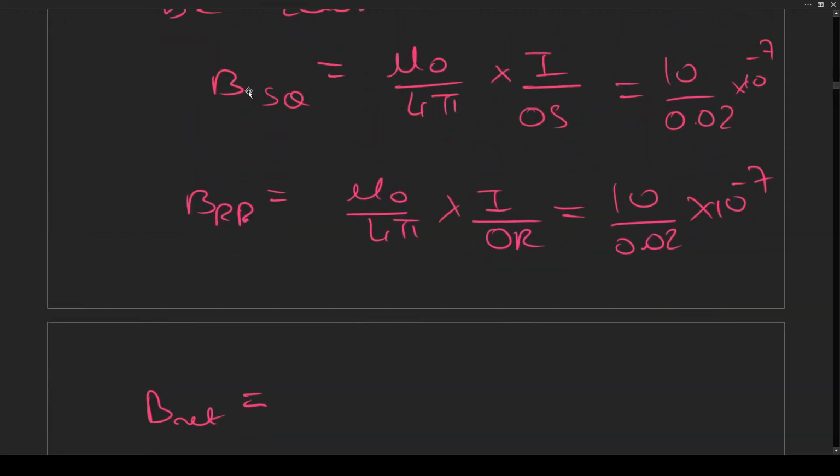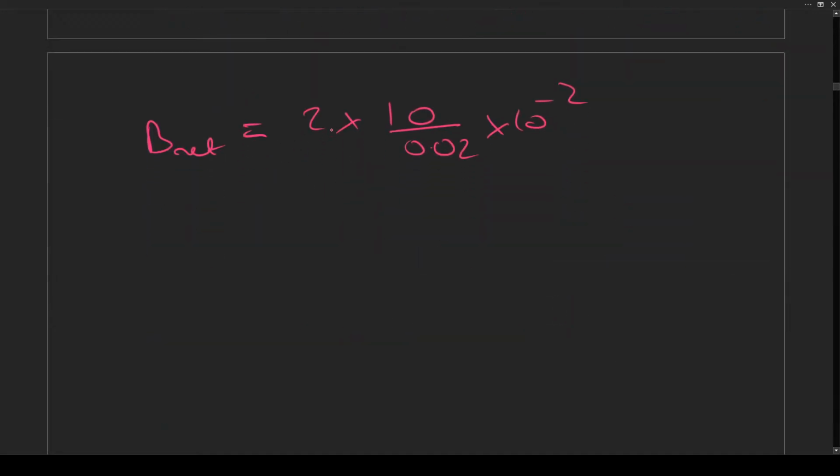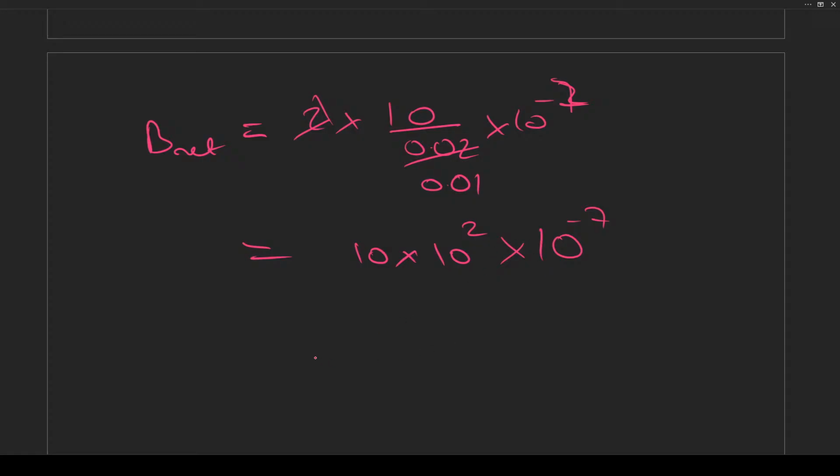So we'll get the net magnetic field as 2 times 10 by 0.02 into 10 power minus 7, where we can write 1 by 0.01 as 10 into 10 power 2 into 10 power minus 7, which will be equal to 10 power minus 4 Tesla.